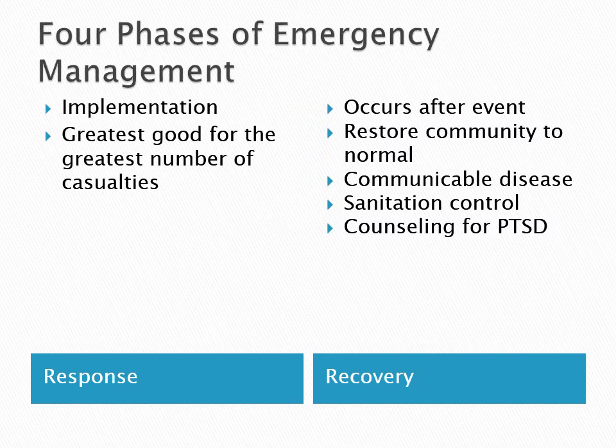The third phase is response, and this is mainly the implementation of the plan. It's looking at the greatest good for the greatest number of casualties and actually triaging, providing appropriate treatment, providing first aid, establishing and restoring communication and transportation, what is the probability of infectious diseases and addressing them, and then supporting individuals that need that intervention.